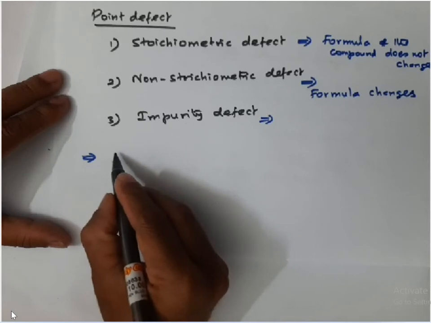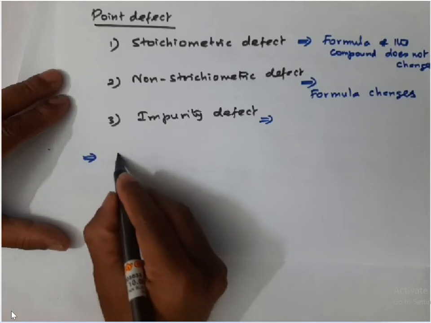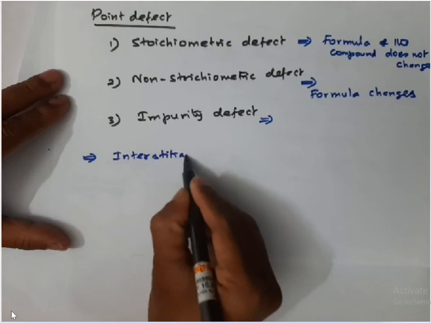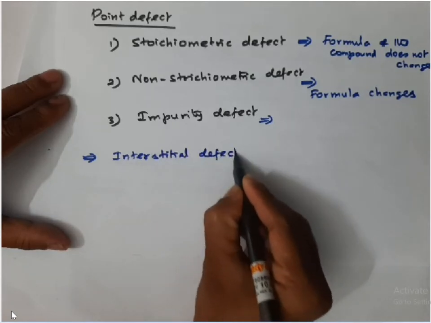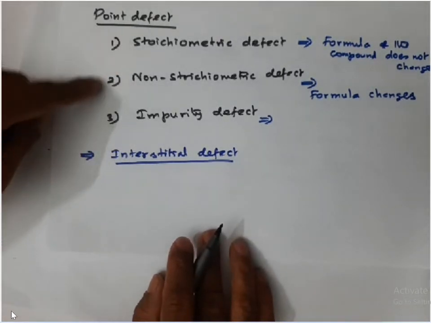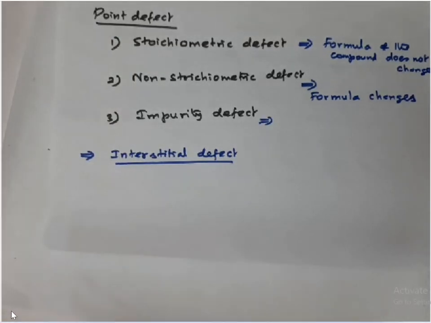The other one is missing of atoms. So first let me introduce interstitial defect. These three types of defects consist of either interstitial defect, or defect due to missing of position of atoms. Before that, we'll see what is interstitial defect.